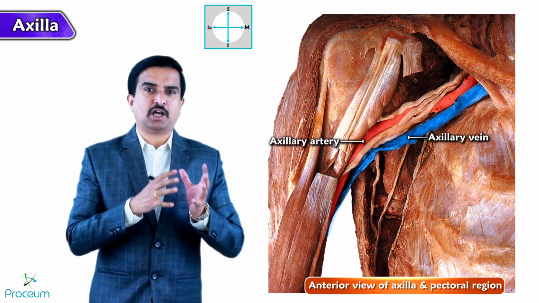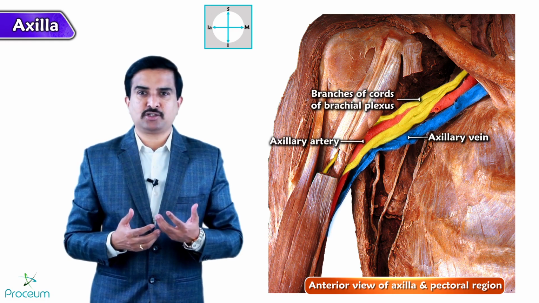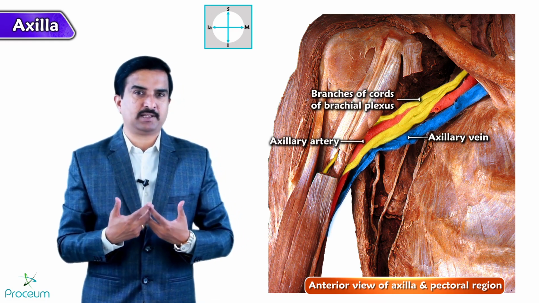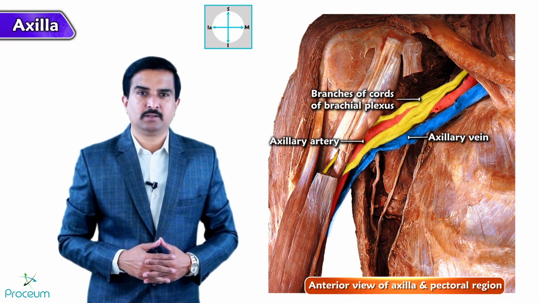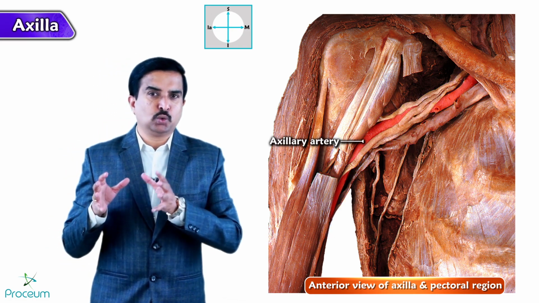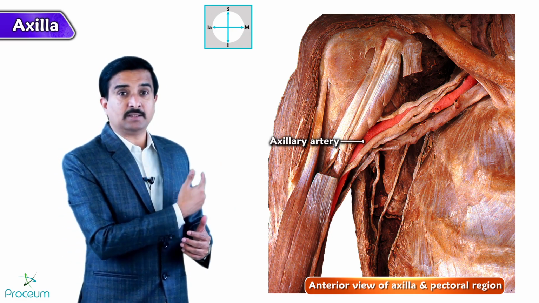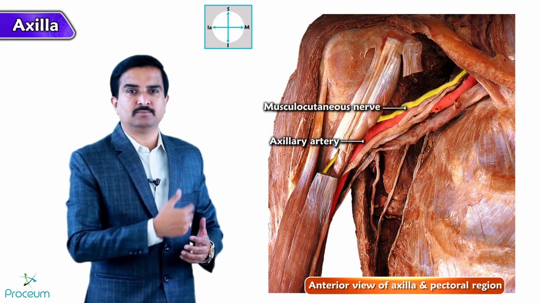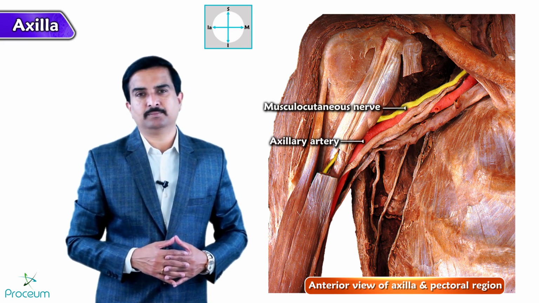The nerves associated with the axillary vessels are the branches of the cords of the brachial plexus, which can be appreciated well in this image. The nerve which runs towards the lateral aspect of the axillary artery is the musculocutaneous nerve, which supplies the muscles of the anterior compartment of the arm.